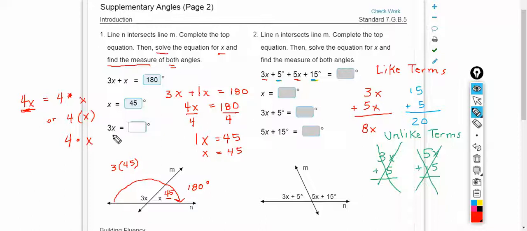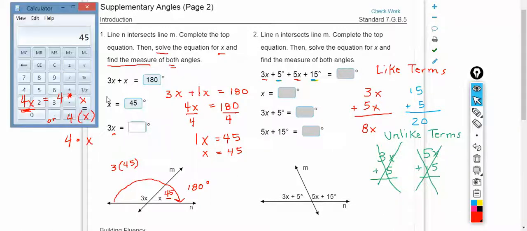We know that x is 45, so this 45 and this x get switched. So 3 times 45 is what? 45 times 3 is 135.